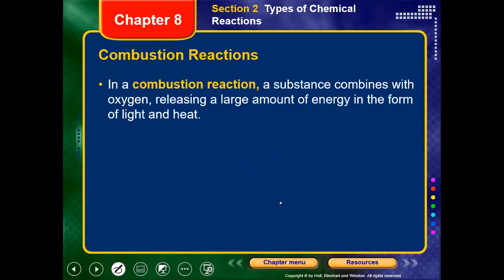When an organic compound, take this as a rule. We learned what we mean by organic chemistry. An organic compound is a compound that contains carbon and hydrogen.